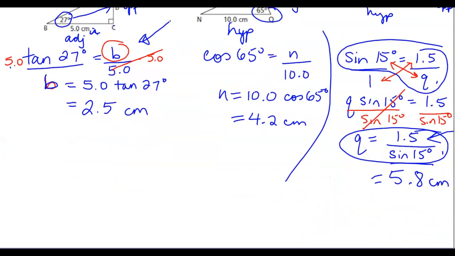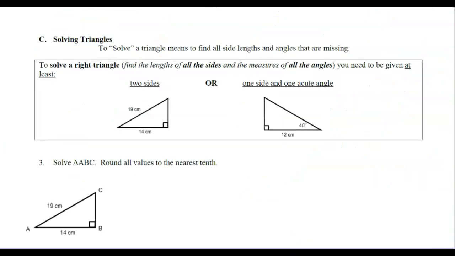Okay. Pause. To solve a right triangle, you find all the sides and all the angles. You need to be given a right triangle, obviously, and then either two sides or a side and an angle. If you've been given two sides, you can use trig to find an angle, then subtract from 180 to find the other angle, or actually just from 90 makes it even faster.